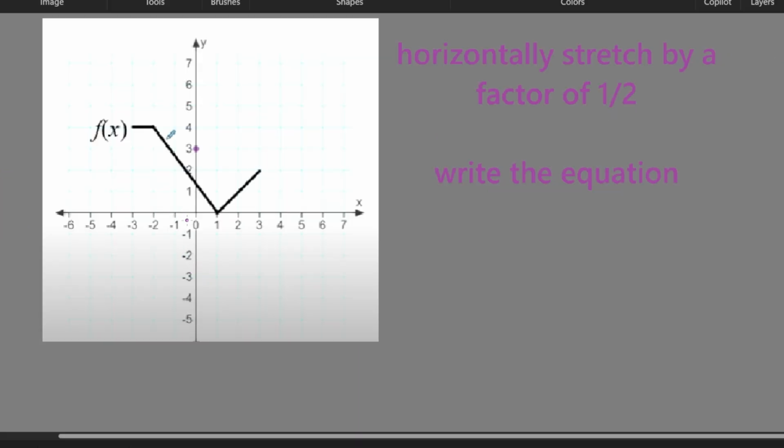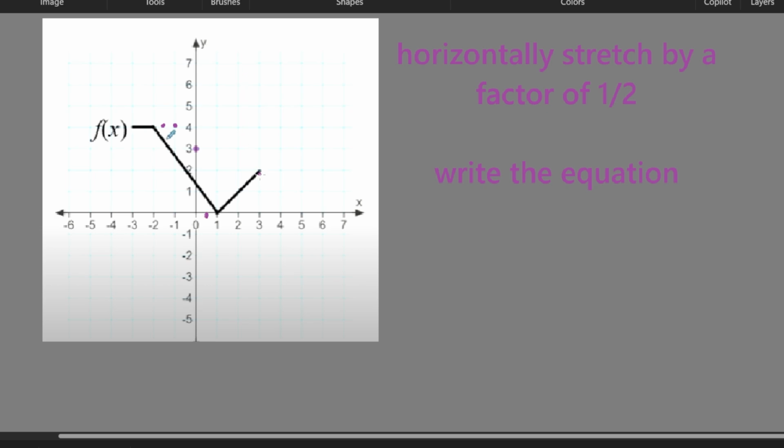Okay, so let's do our thing for the graph first. We're horizontally stretching, so we just affect the x values. -3 times 1 over 2 is -1.5. So we'll put that like right here. And then 2 times 1 over 2 is 1. Okay, x equals 1 becomes 0.5.